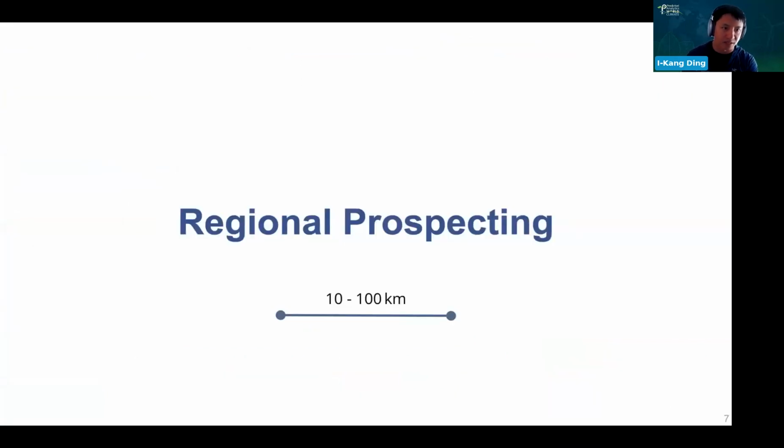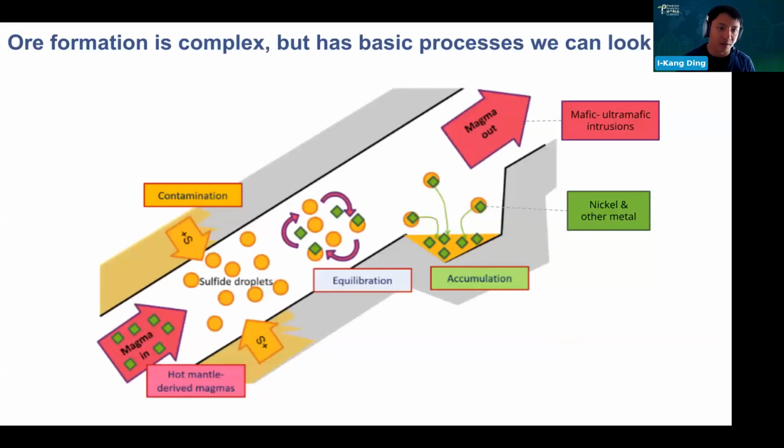Now let's start with the regional prospecting with length scale around 10 to 100 kilometers. To start, I'm going to give you a very quick primer on the particular ore system, which is the magmatic nickel sulfide ore system. This is where the high purity class 1 nickel comes from, the type of nickel that is predominantly used in lithium-ion cathodes.